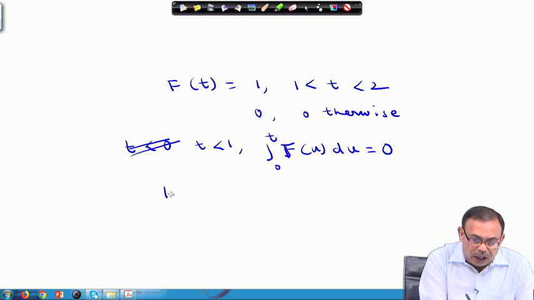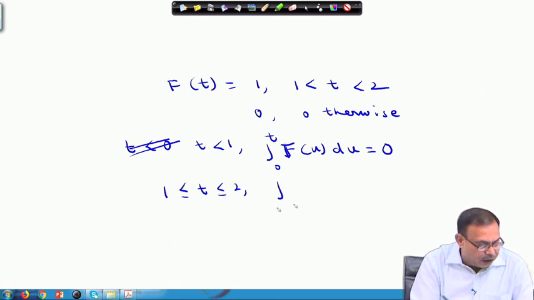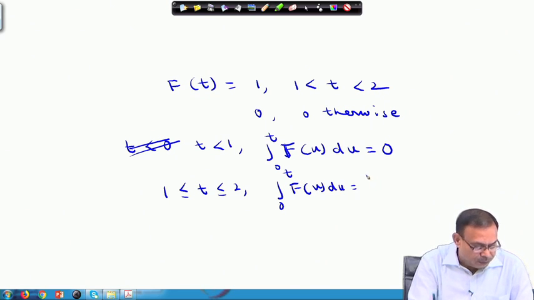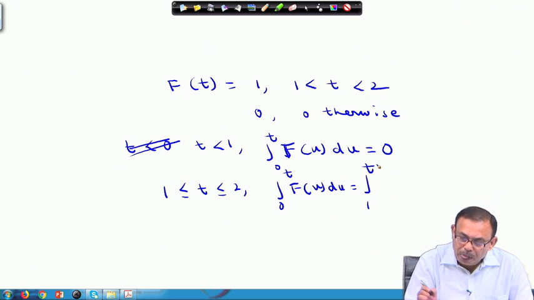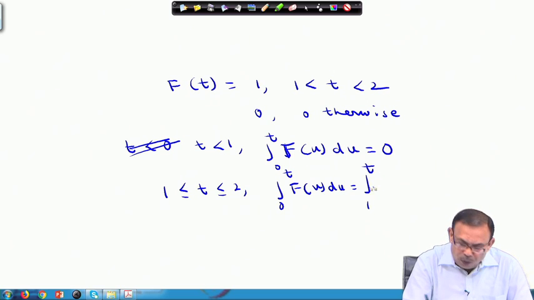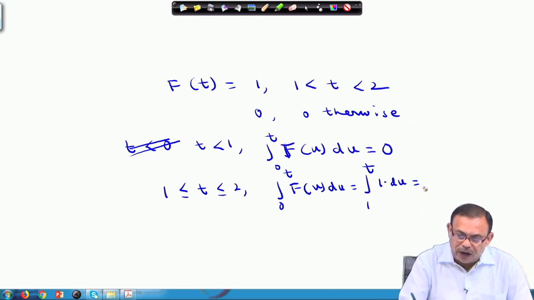Whenever t lies between 1 and 2, the integral from 0 to t of f u du is basically from 1 to t of f u du, where f u is 1. So, 1 into du, and the value will become t minus 1.